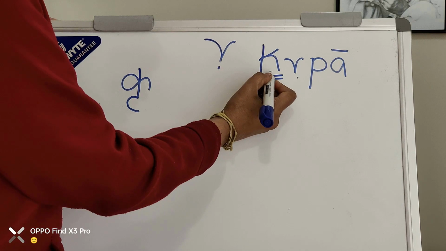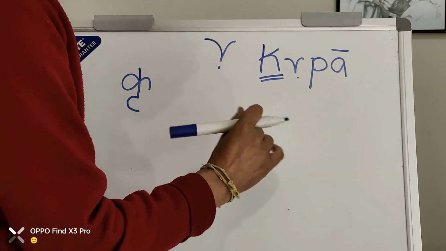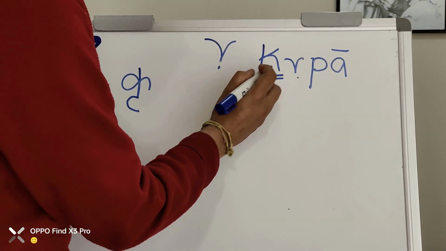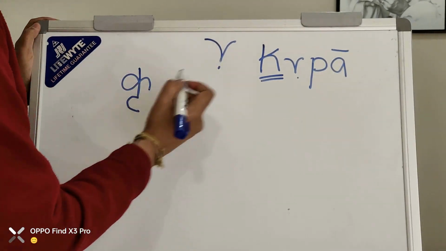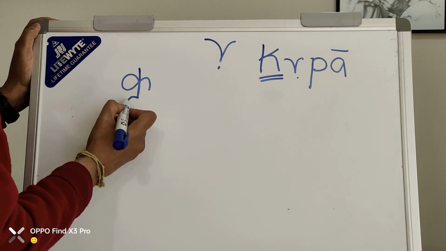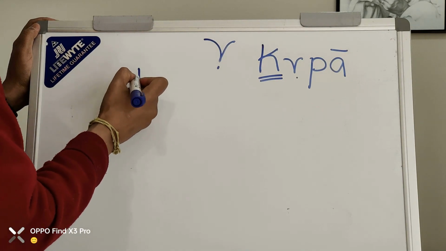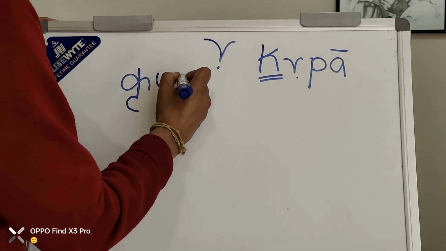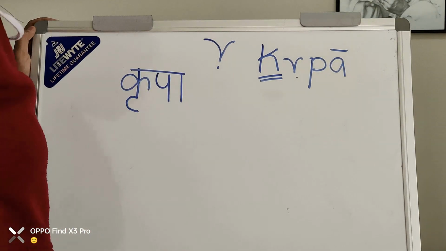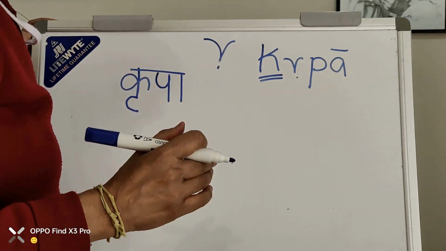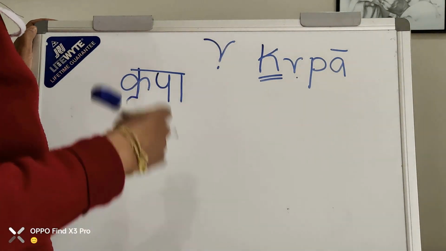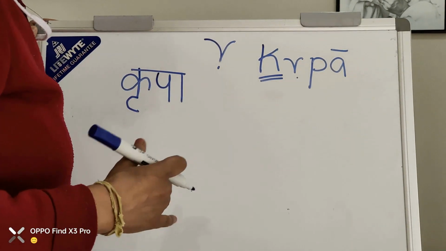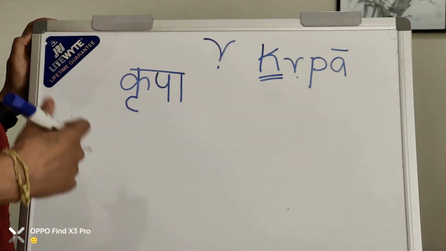So remember, this is not a karpa, this is kripa. So the k is actually the half consonant, okay? So the r sits under the half consonant, kripa. Remember, it is not krupa, okay? What is the sound? R, okay? Kripa. Excellent.